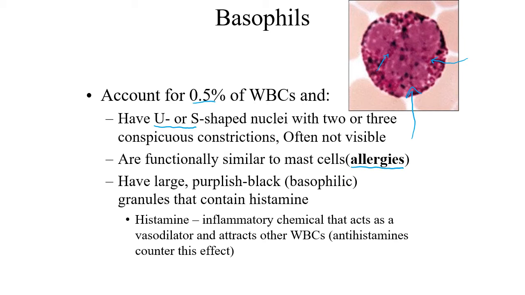All of those little purple granules are containing histamine. So when we have an allergic response, those basophils are going to come along. They're going to dump all of that histamine out into the area, and we're going to start to have an inflammatory response. And so we're going to start to have the components that cause red blood vessels to dilate.